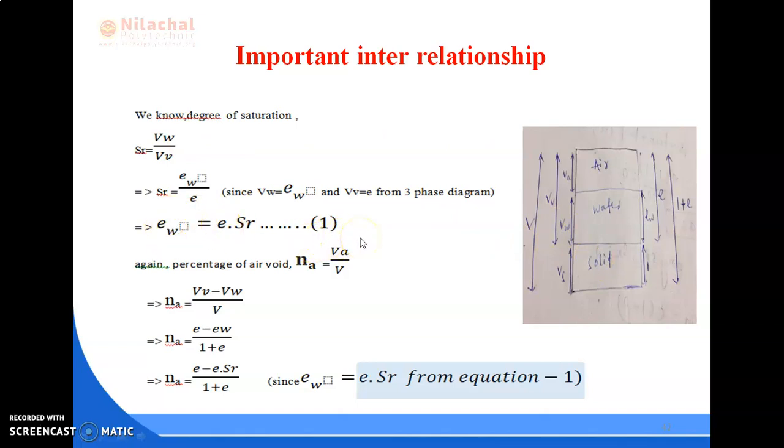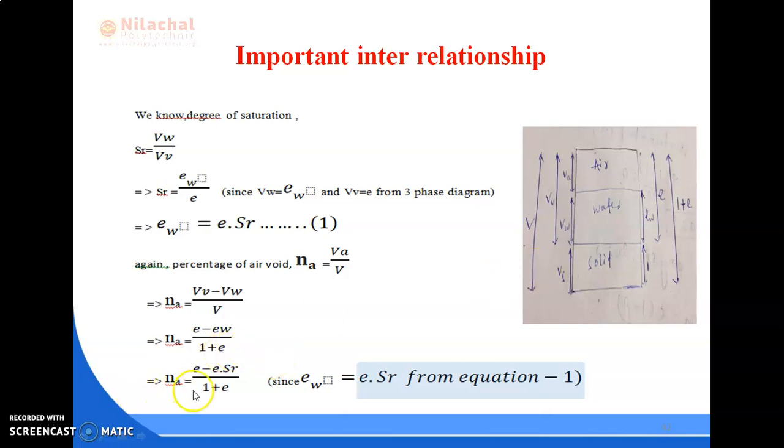Give it equation 1. Again, percentage air void Na equal to, we know this formula, Va by V, volume of air by total volume of soil, which implies Na equal to, in place of Va we write Vv minus Vw, volume of voids minus volume of water, by total volume. Again we change it: in place of Vv we write E, minus, in place of Vw, Ew, by 1 plus E from the three-phase diagram.